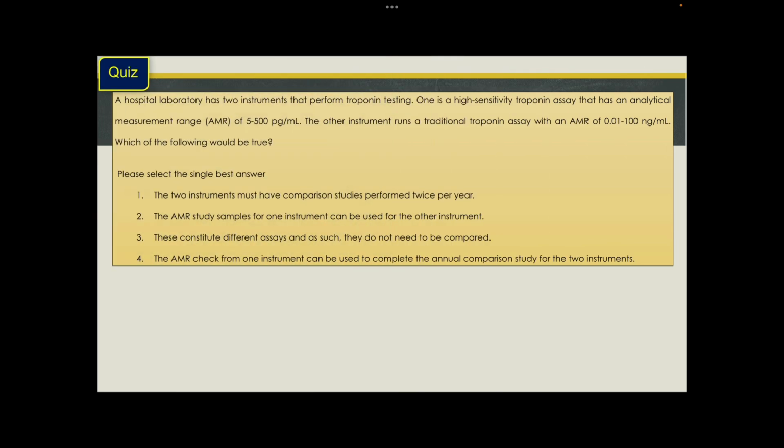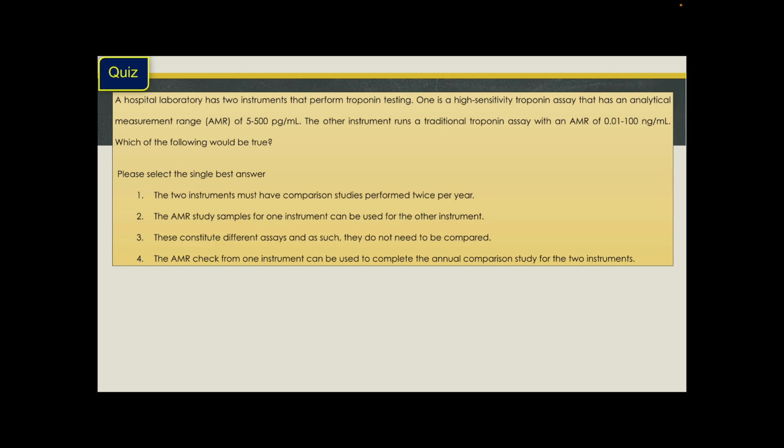A hospital laboratory has two instruments that perform troponin testing. One is a high-sensitivity troponin assay that has an analytical measurement range, AMR, of 5 to 500 pg/ml. The other instrument runs a traditional troponin assay with an AMR of 0.01 to 100 nanograms per milliliter. Which of the following would be true?